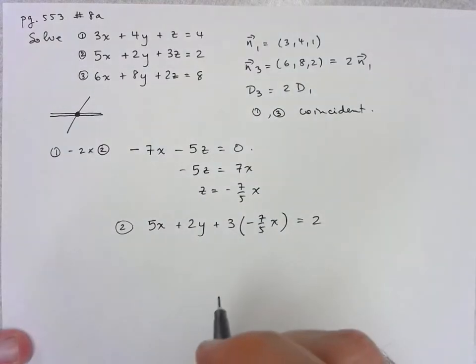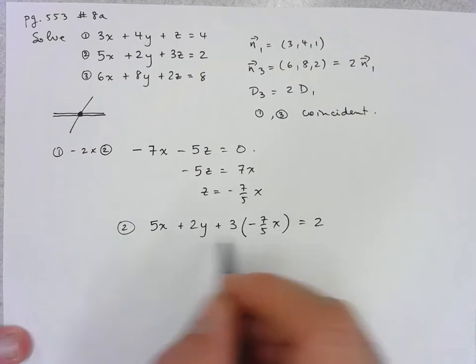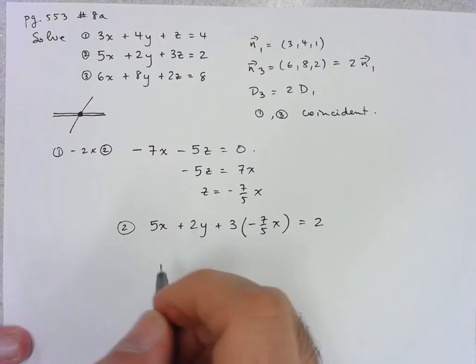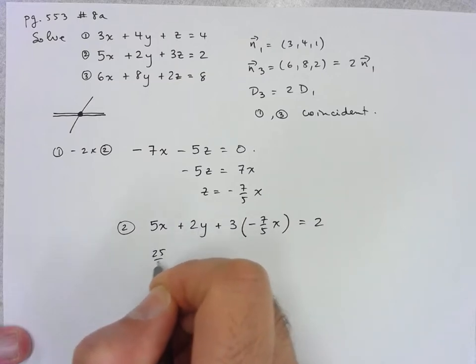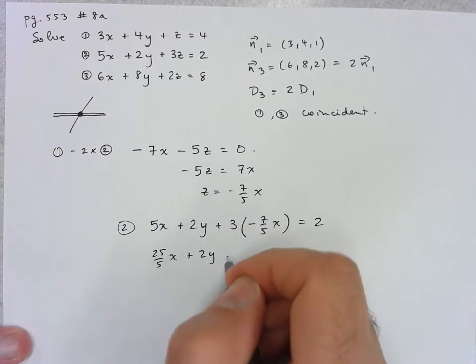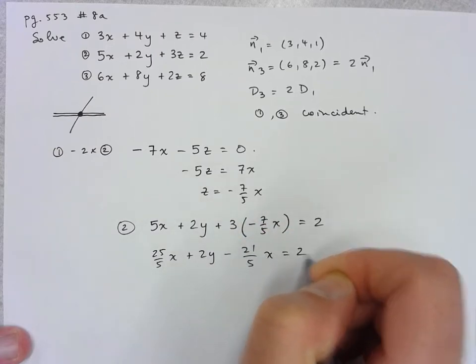Let's put everything over 5, so this will be 25/5 x plus 2y minus 21/5 x equals 2.